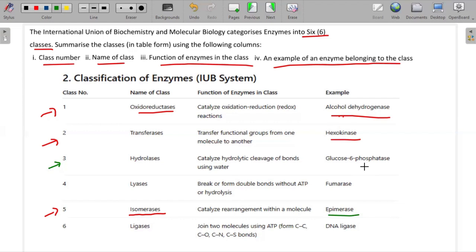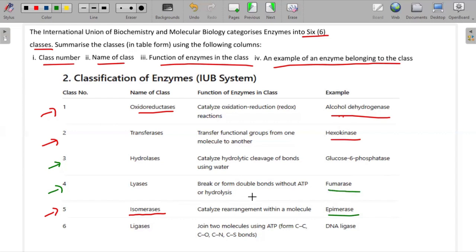Glucose 6 phosphatase is a very good example of a hydrolase enzyme. Class 4 has what we call the lyases. The lyases break or form double bonds without ATP or hydrolysis. And a good example is fumarase.